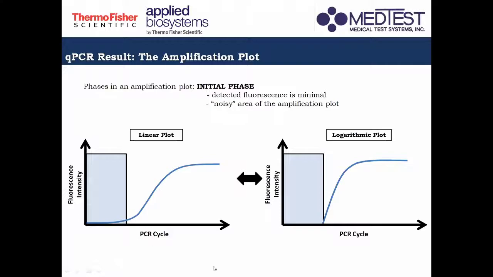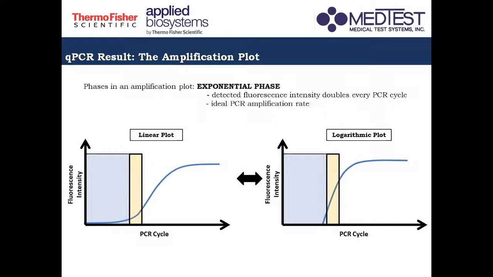So normally in a good qPCR run, in a good PCR process, you would still have this initial phase. Basically, all of your qPCR runs would have an initial, noisy phase. Then after the initial phase, we have what we call the exponential phase, no?